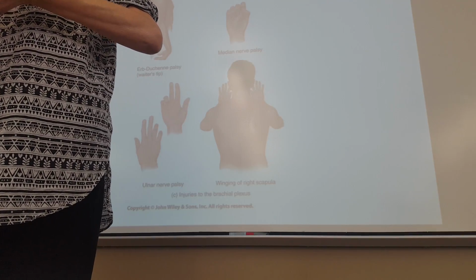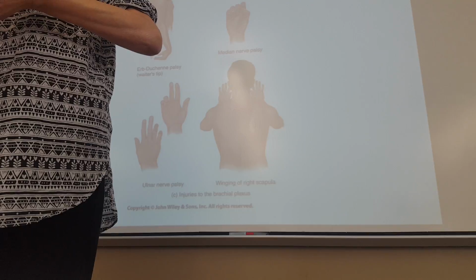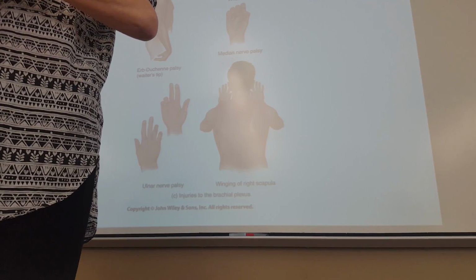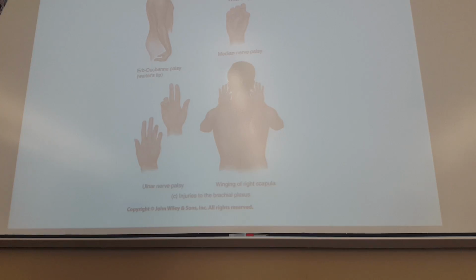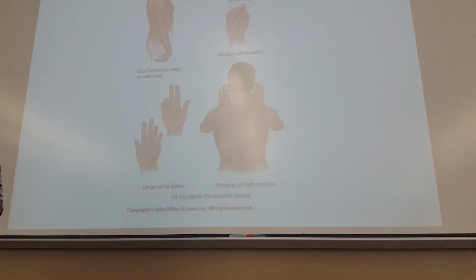But the flexor carpi ulnaris is supplied by the ulnar nerve, okay, not the median nerve. So the median nerve does not go there. The median nerve also supplies this muscle, flexor digitorum superficialis. Okay, then also supplies this muscle.